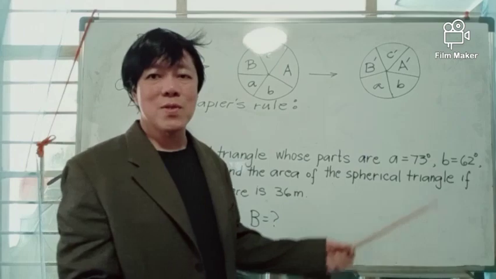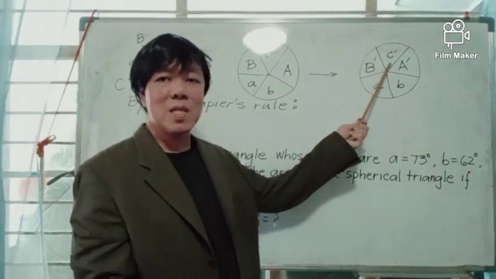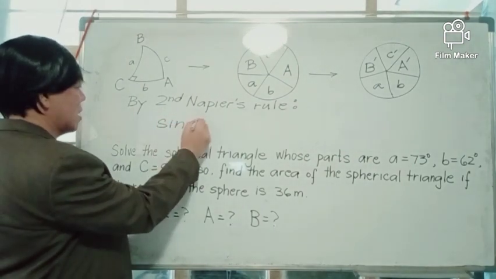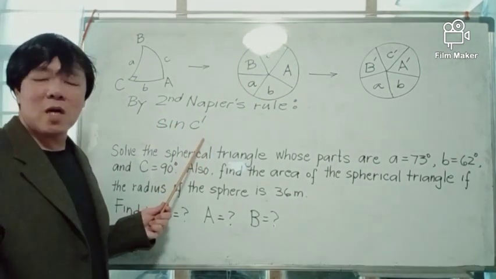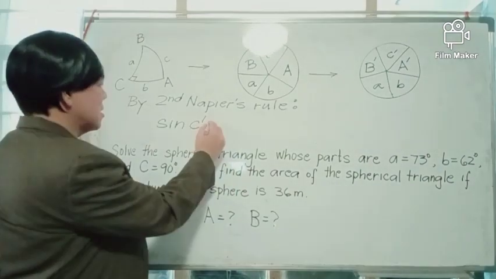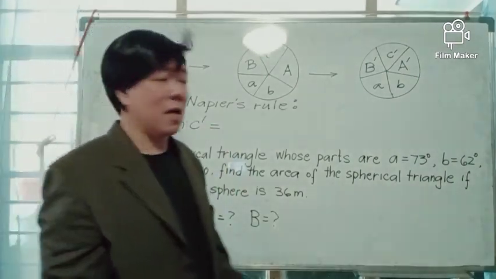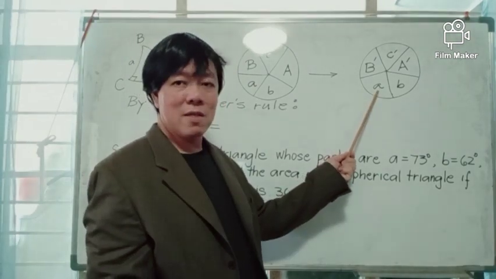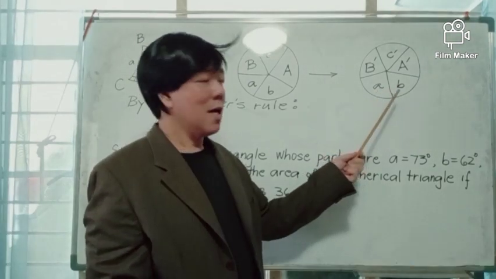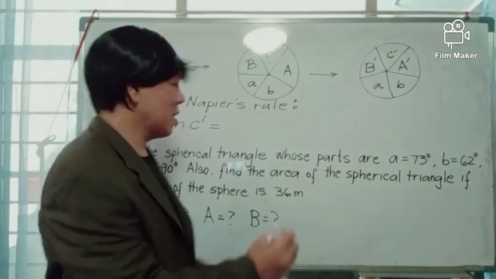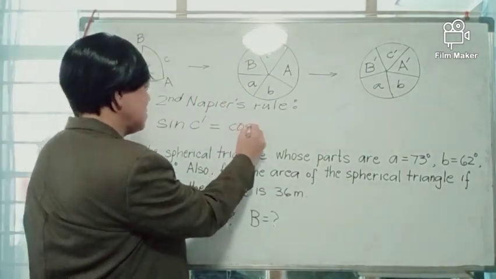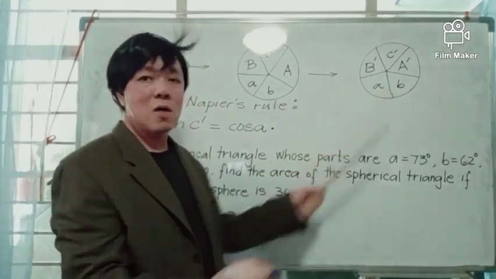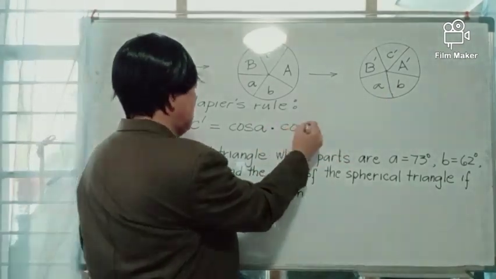The sine of the middle part, c prime, the sine of c prime, the complement of c, is equal to the product of the cosines of the opposite parts, because the opposite parts are small a and small b, and we write cosine of a multiplied by cosine of small b.